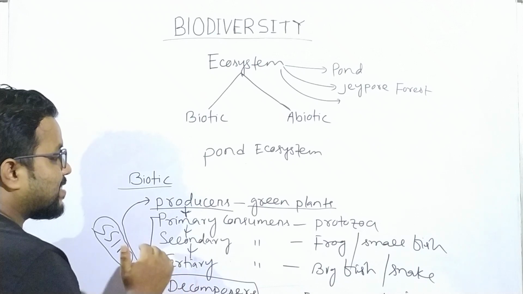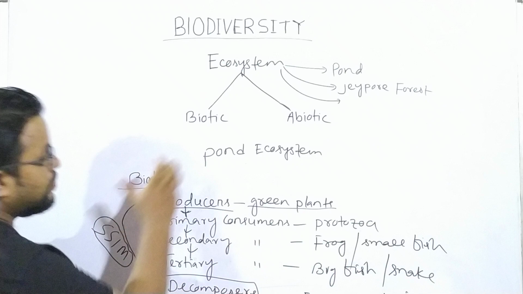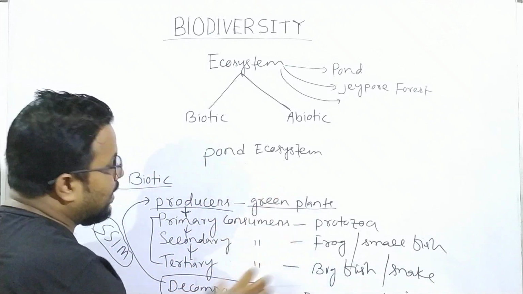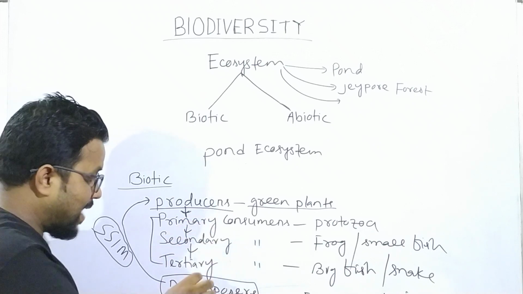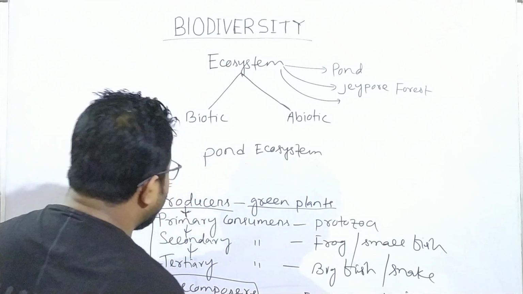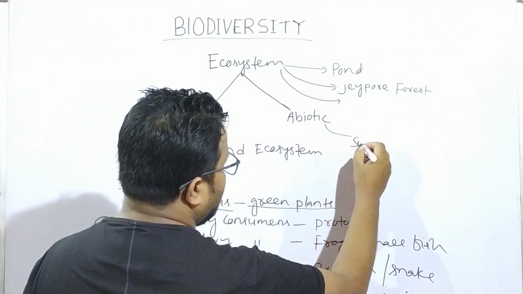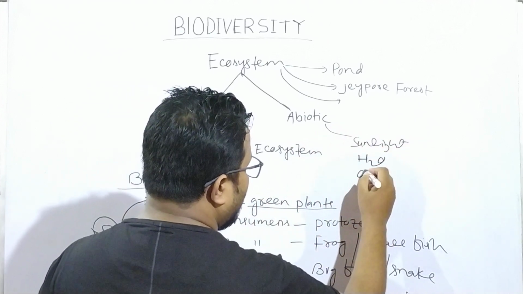That means these biotic components interact among themselves. Besides this, the pond system also possesses sunlight, water and dissolved oxygen.